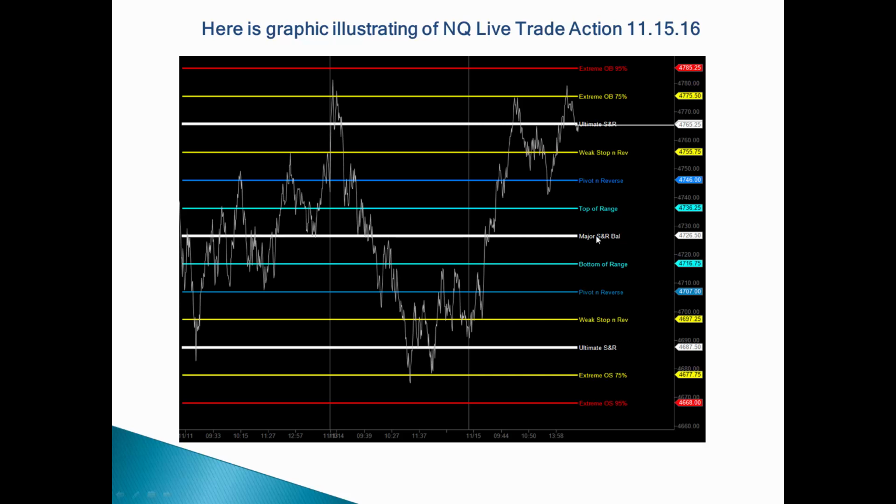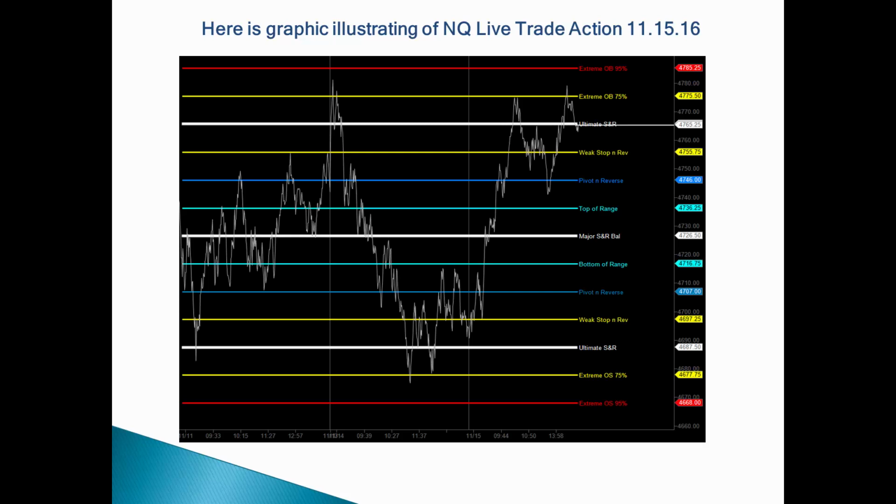The major SNR here in the middle is a 4/8. Top of the range is a 5/8, then 6/8, then 7/8, then ultimate SNR, an 8/8, and then a plus 1/8 and a plus 2/8. We refer to them as the extreme OB 75 and extreme OB 95, and same to the downside.